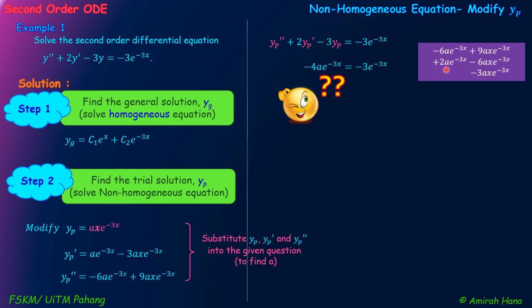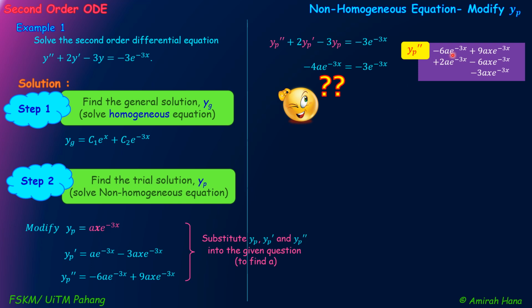Look at this. The first row here means yp double prime, from here. yp double prime equals negative 6a e to the power of negative 3x plus 9ax e to the power of negative 3x.